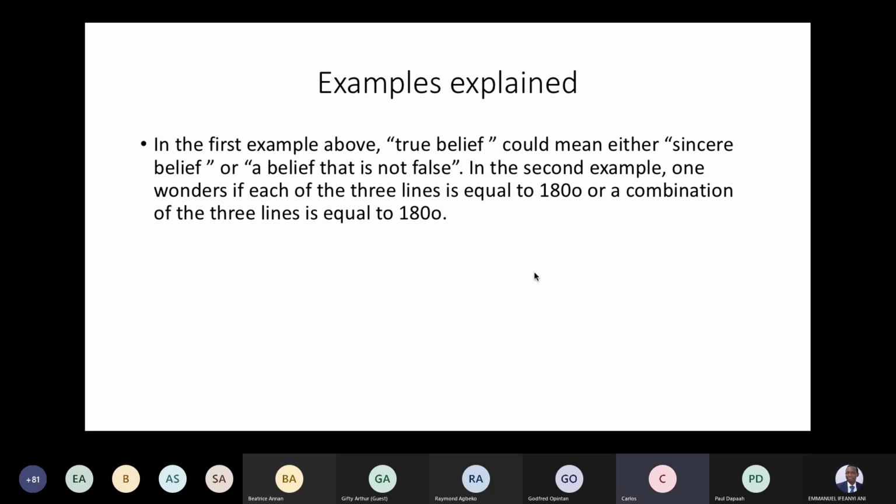Okay, so sir, please, per your explanation for these two, is it appropriate to say that an ambiguous definition or statement is a subset of a too broad statement or definition?